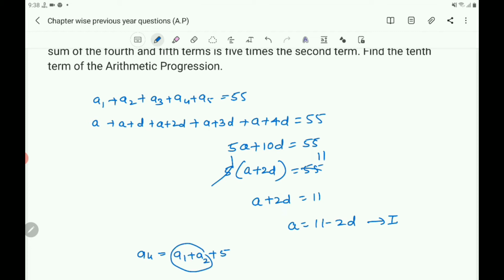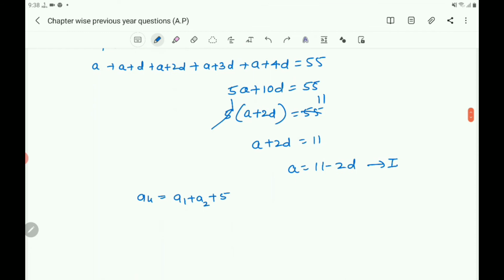Here A1 plus A2 is the sum of the first two terms, plus 5, since 5 more means plus 5. So A4 you express in terms of A and D. A4 means A plus 3D. A1 is A, A2 is A plus D, plus 5.